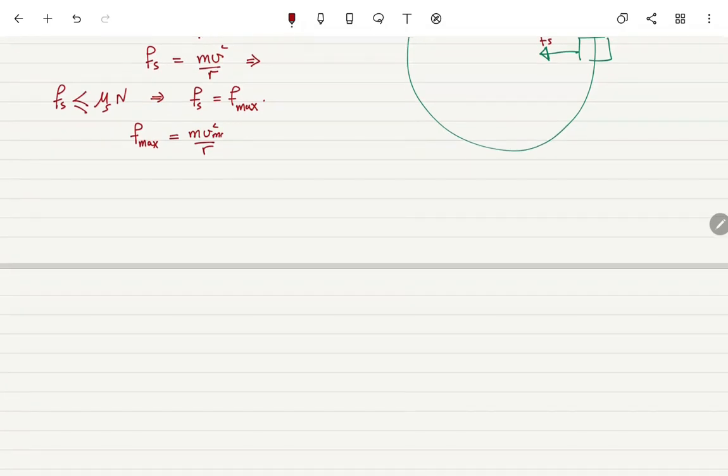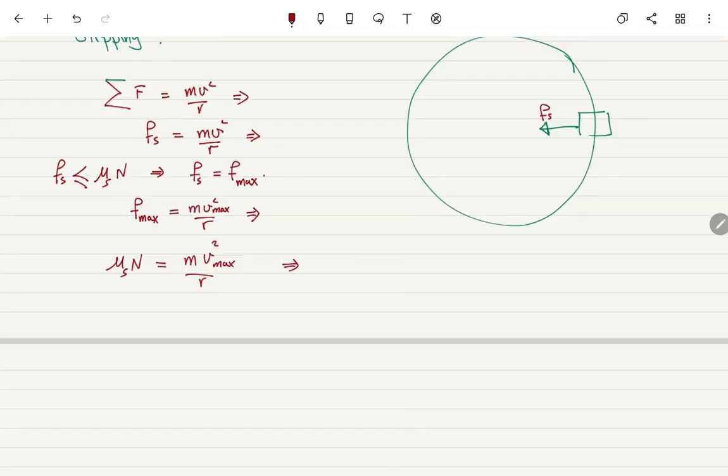Actually, it's maximum here. F max is equal to mu s N, equal to m v square max divided by r. Now, if we take the forces acting on the car, we have also the weight of the car, it's mg here, and the normal.